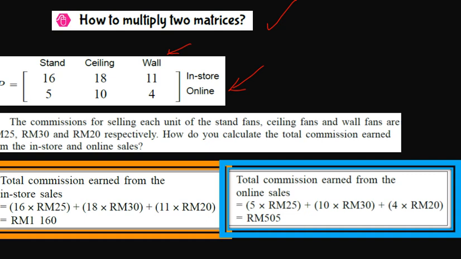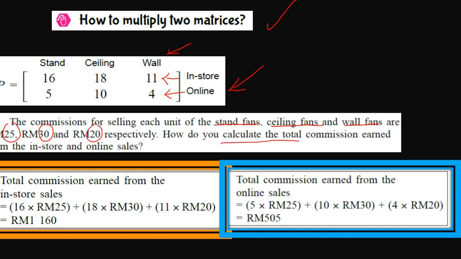This one is in store, this one is online. And then the commission is given for each unit that is being sold. For stand fan it's 25, for ceiling fan it's 30, and for wall fan it's 20.